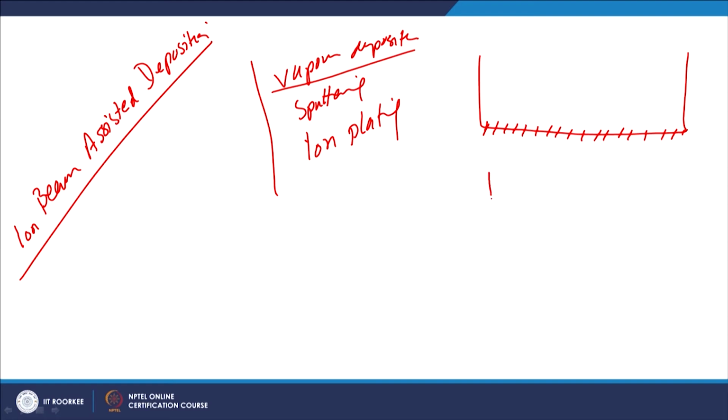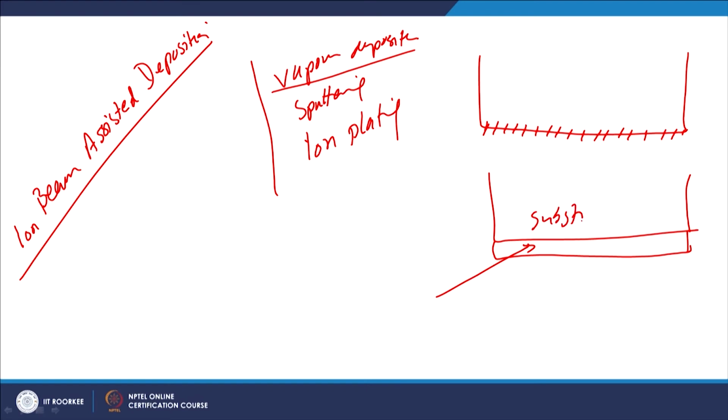The primary reason for that is that the interface is very sharp. Like, this is the substrate and this is the coating material which is deposited either using vapor deposition, sputtering or ion plating.